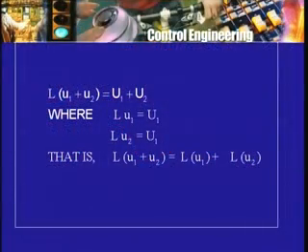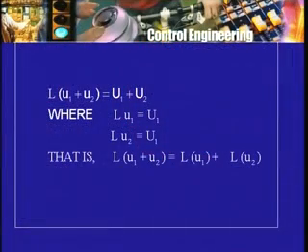This is the property of additivity, and one can immediately see a use for this, because if I have two functions whose Laplace transforms I know, then the Laplace transform of their sum also I will be able to calculate almost immediately. For example, if you look up your textbook of mathematics or control theory, you will actually find a table of Laplace transforms.